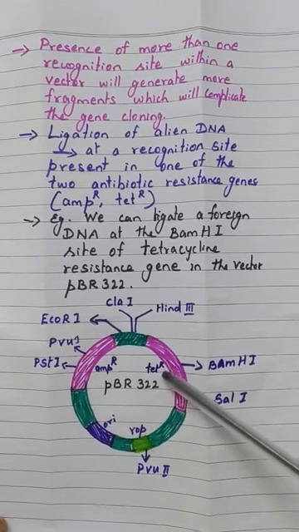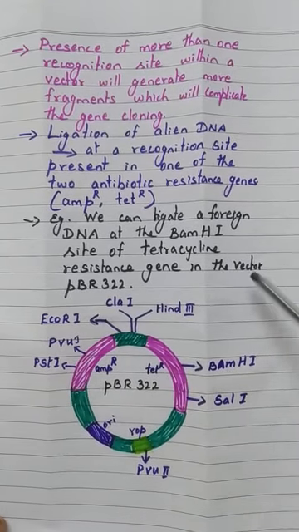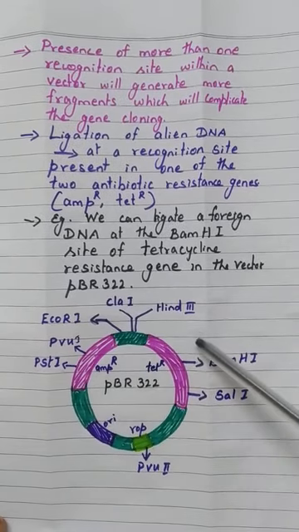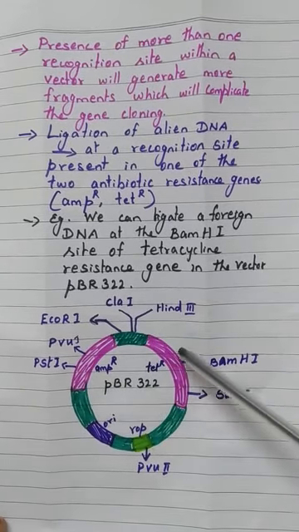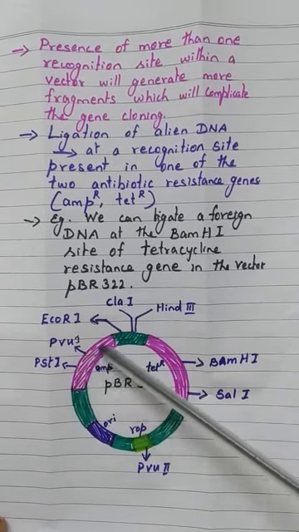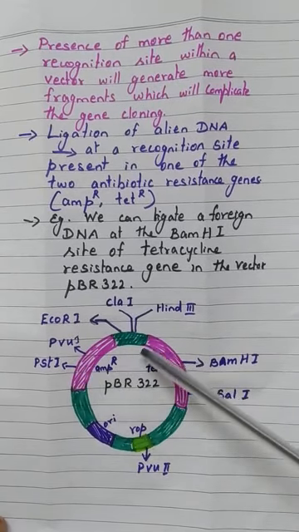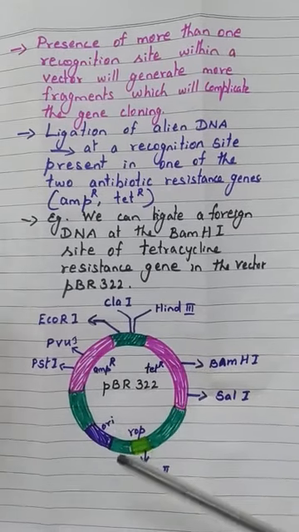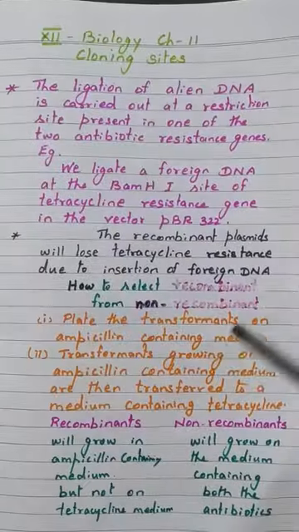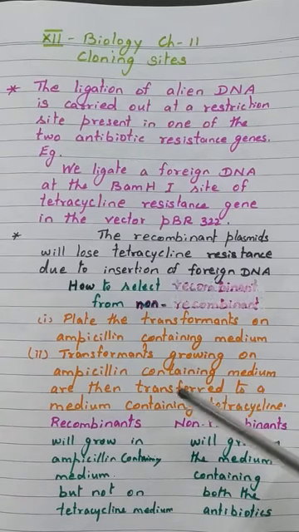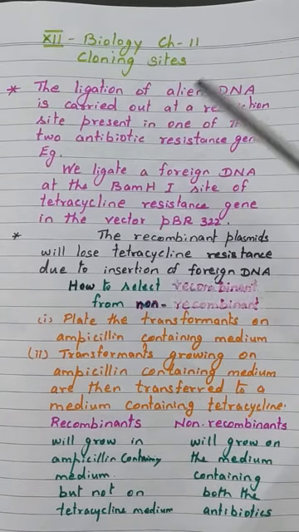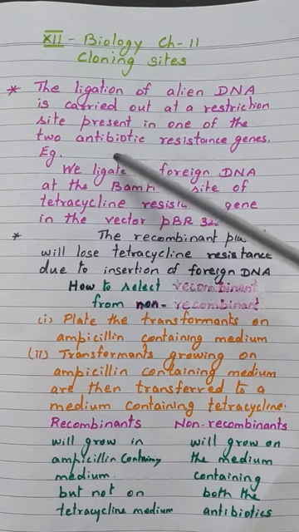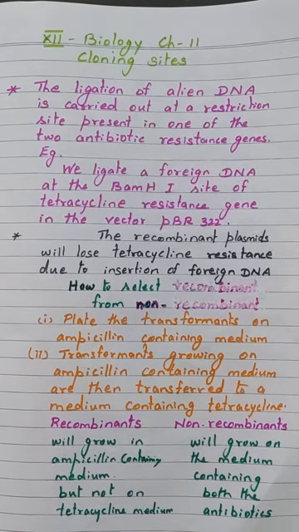And also we ligate the foreign DNA in any one of the sequences of this tetracycline resistance gene or ampicillin resistance gene. The ligation of alien DNA is carried out at a restriction site present in one of the two antibiotic resistance genes.